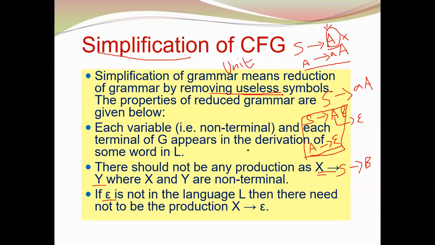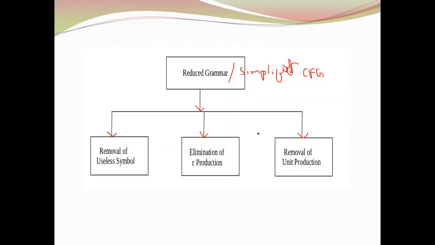The third one, removing epsilon production. If I'm having X tends to epsilon, then I can substitute epsilon wherever I can find the particular variable X. These are the three ways we can simplify the CFG. The combination of these three is called simplification of CFG, otherwise reduced grammar. They can ask both the names.